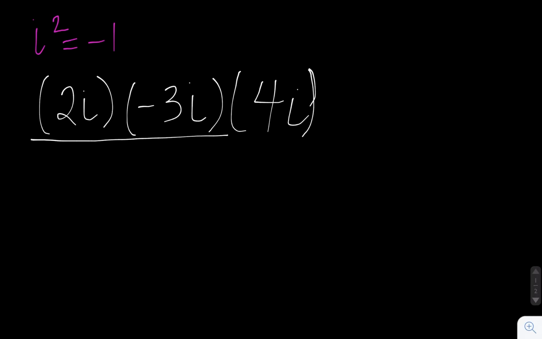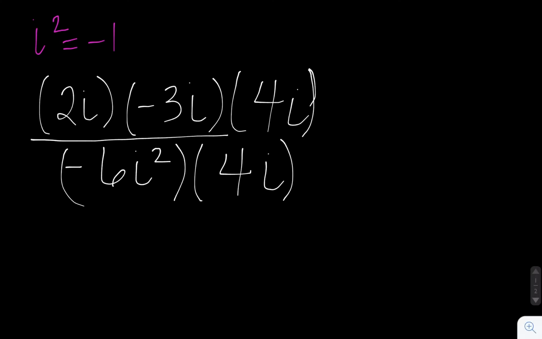So 2i times -3i. So that would be 2 times -3 gives us -6i squared. Okay, and then that will be times 4i. Well, what did we say i squared is equal to? -1.